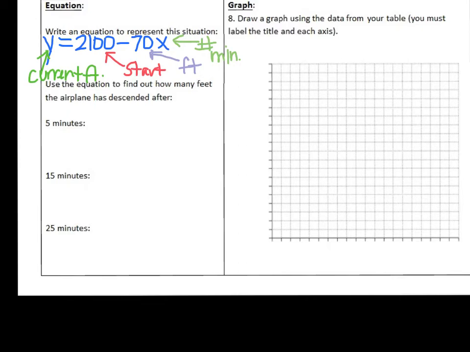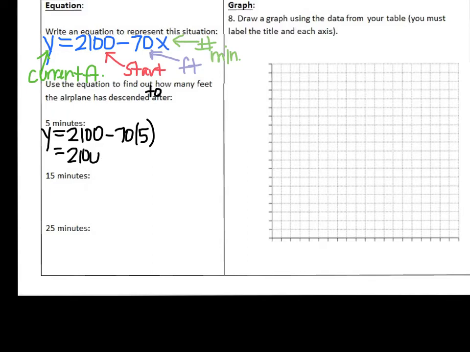All right, so now we have to use that equation to find out how many feet the airplane has descended, and I left out a word here, so I just want you to write to, descended to, after 5 minutes, 15, and 25 minutes. So let's write the equation. Y equals 2100 minus 70 times the number of minutes, and in this case, instead of x, we're going to substitute in 5.